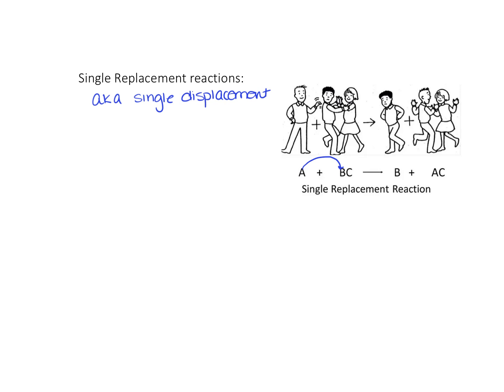When you do this, it's important to recognize that a metal or cation, in the case of ammonium, will replace a metal, right, or that cation, right?